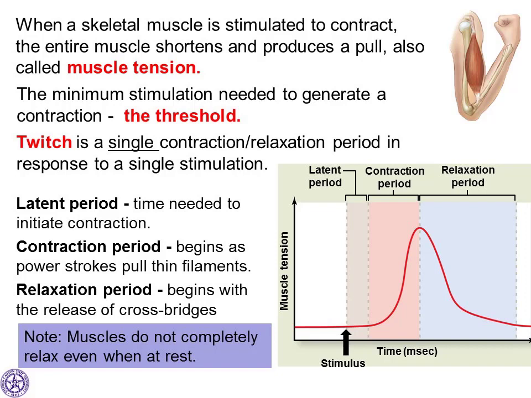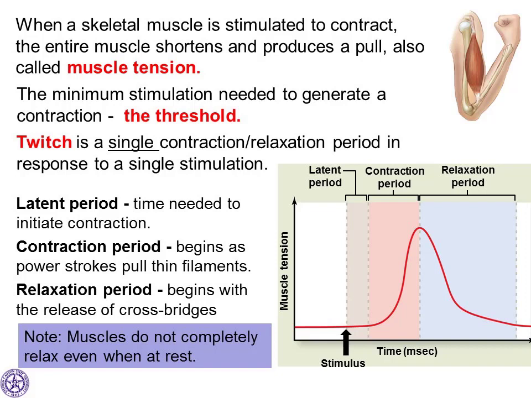And so the relaxation period, that's resetting, reestablishing our cross bridges in a ready state. And again, what additional molecule do we need to reset our myosin heads? Another molecule of ATP. 2 ATP per latent contraction relaxation cycle.